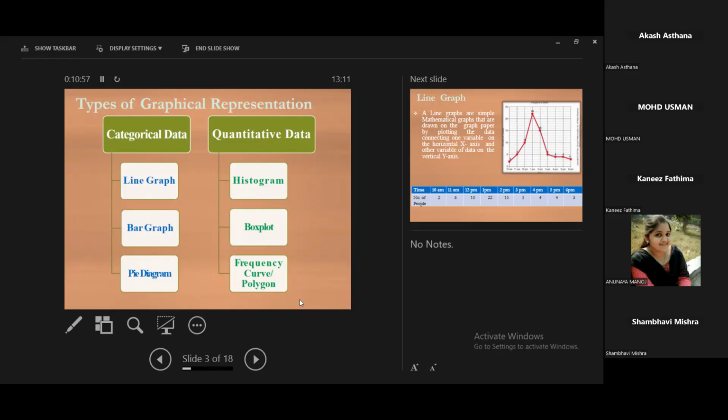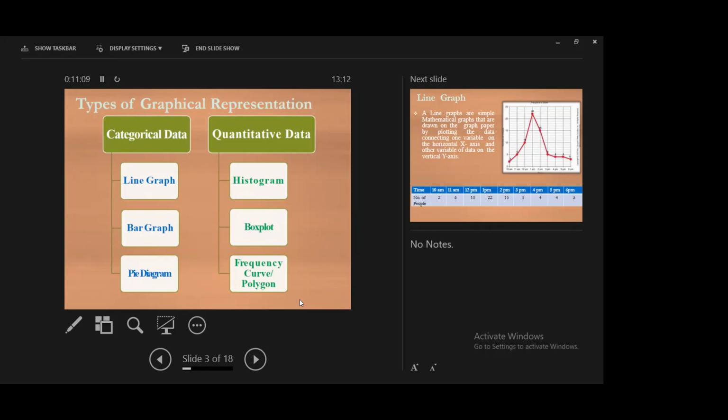So we can broadly classify variables into two parts, quantitative and qualitative or categorical. Normally, these are the types of graphs that are commonly used. There are other graphs also, but when we talk about preliminary statistics or the basics of statistics, we focus on these types of graphs only. To begin with, for categorical or qualitative data, we can make a line graph, bar graph, or pie diagram.